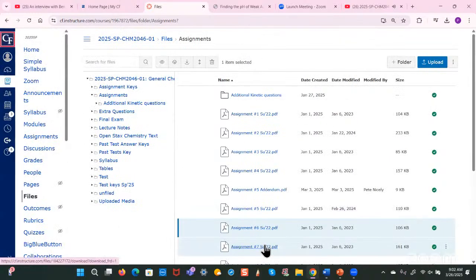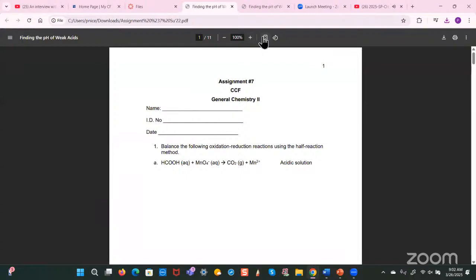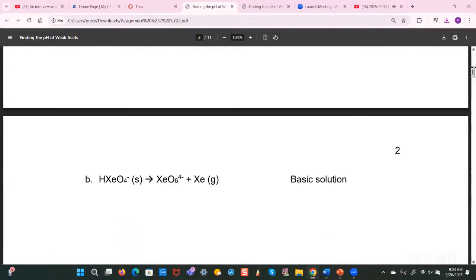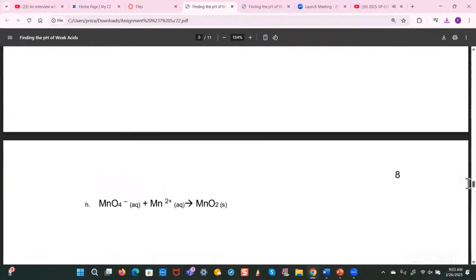Based on what we have covered so far, you should be able to do question 1, A through H. So you should be able to do those.